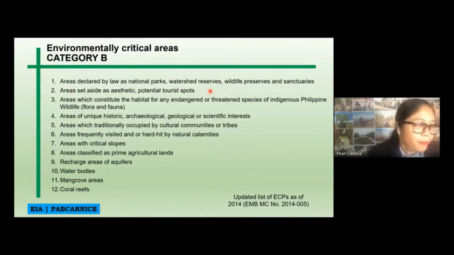For example, are you familiar with the Lake Danao National Park? So it's a national park, and there have been a few studies on that national park that there are species of plants and animals, flora and fauna that are endemic to this specific area, in which basically you cannot, based on the EIS system, you can do a project, but you have to apply for an ECC.